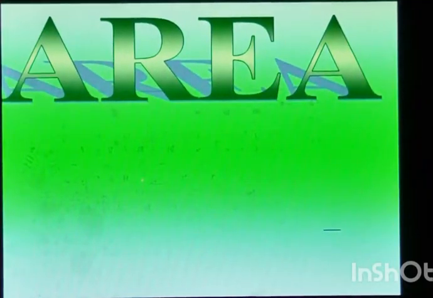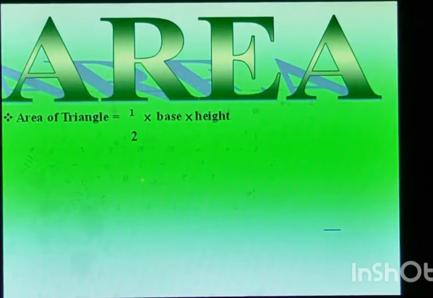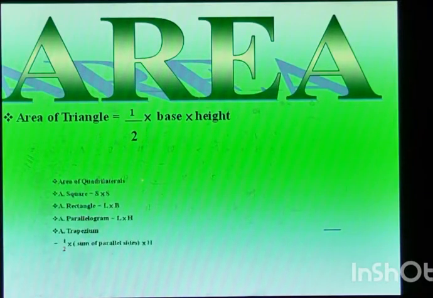Let's learn about area, my dear students, and the formulas related to area of different two-dimensional figures. First of all is area of triangle. It's too simple. You are very familiar that area is equal to half into base into height.